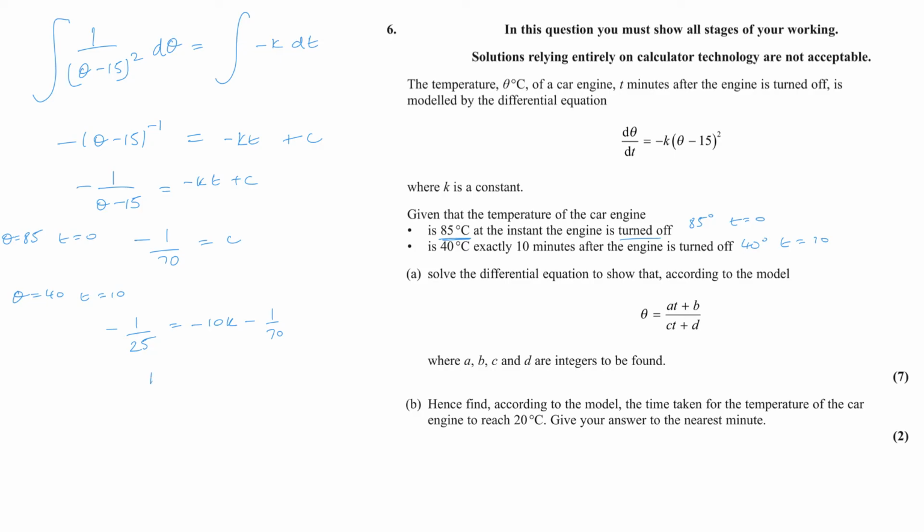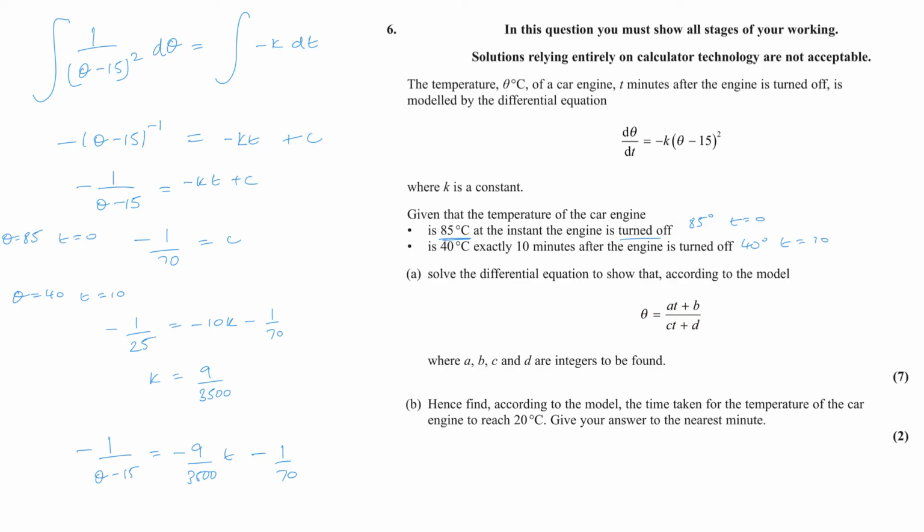And then rearranging this, we get k is 9 over 3,500. So just adding the 1 over 70 on and divide by negative 10 there. So I've got my k and I've got my c now. So my equation is minus 1 over (theta minus 15) equals minus 9 over 3,500 t minus 1 over 70, and we've got to get it into this form.